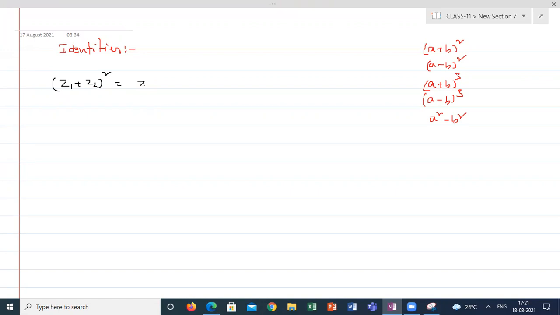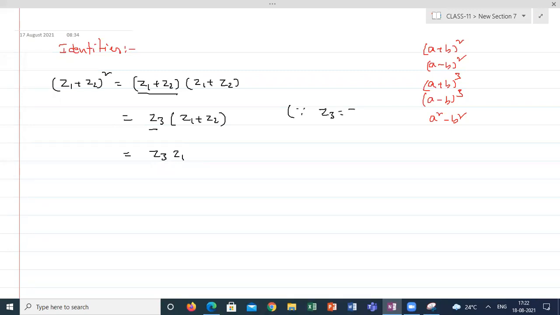See, the meaning of z1 plus z2 whole square is z1 plus z2 into z1 plus z2. From yesterday's discussion, the addition of two complex numbers is some other complex number z3. So z3 into z1 plus z2. If I'm assuming z3 equal to z1 plus z2, using the distributive law, I can say z3 into z1 plus z3 into z2.